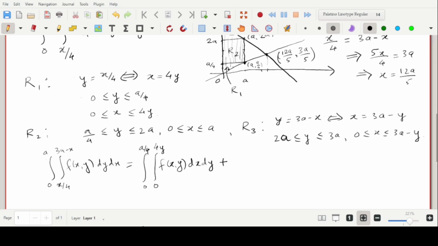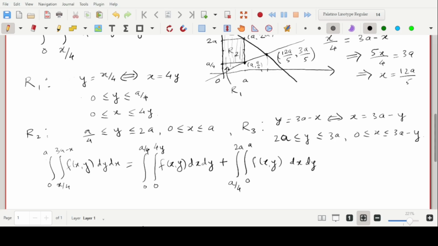This is the integral over the first region. Now the integral over the second region, f of x comma y, this f doesn't change, dx dy, x from 0 to a, and y will vary from a over 4 to 2 times a.